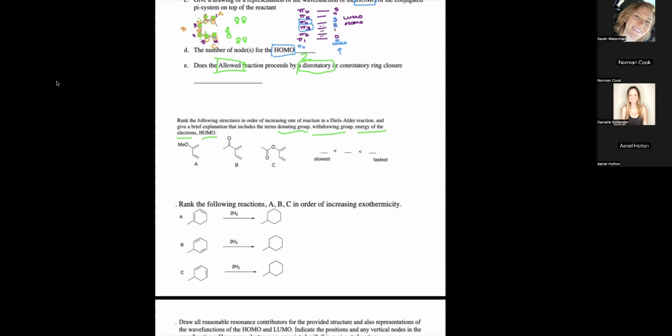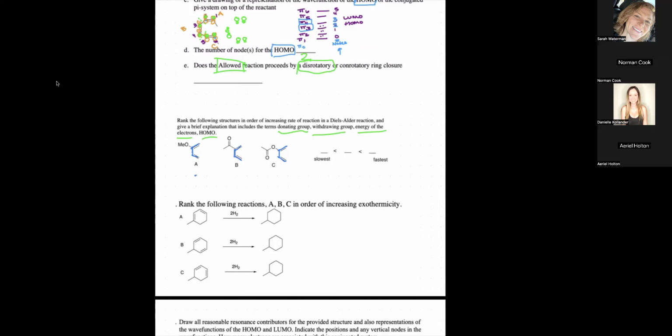Let's start with the Diels-Alder reactions, I guess. Sorry, say that again? Are these the Diels-Alder reactions? Yeah, so this is common between all of them, right? So these are common things here, right? So our slowest reaction is going to be what?